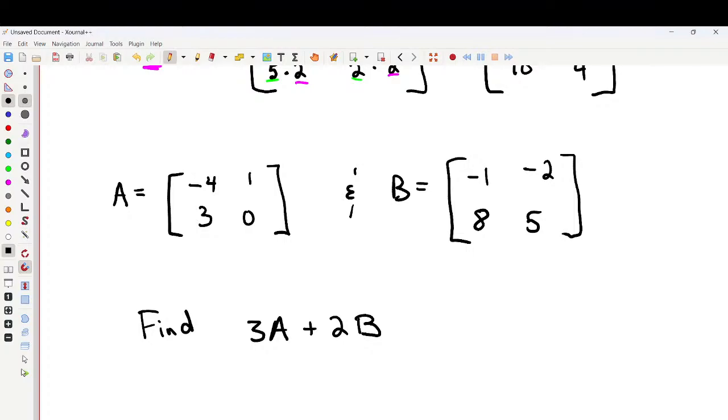Putting together addition, subtraction, and scalar multiplication, it's pretty simple. In case anyone fell off the bus, you're going to A, smack all of these with x3. That's going to be 3A. Go to B, smack all of those with x2. And then since they're the same dimension, simply add the results.